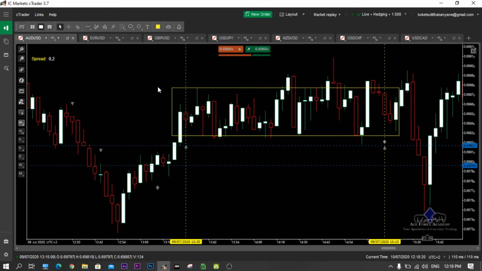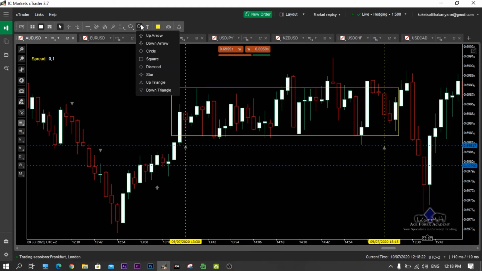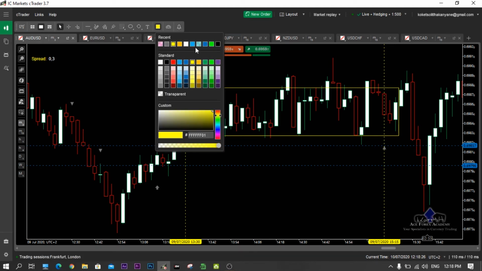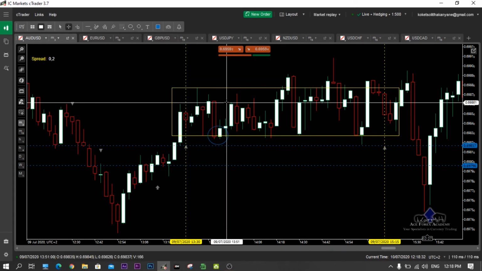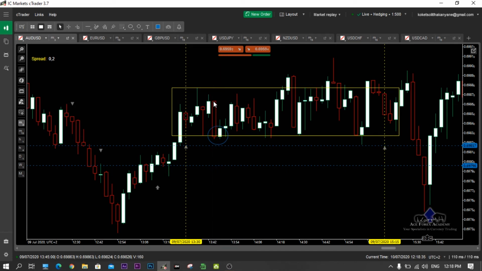Having a look at this period over here, what we can then see is that price pulled back, right? Hit our support, and once it hit our support, we needed a close past this high over here, right?